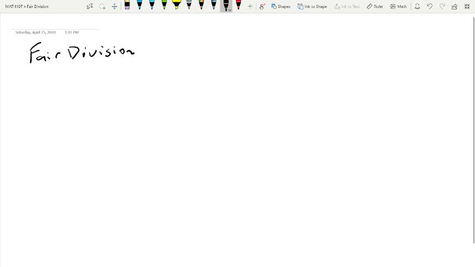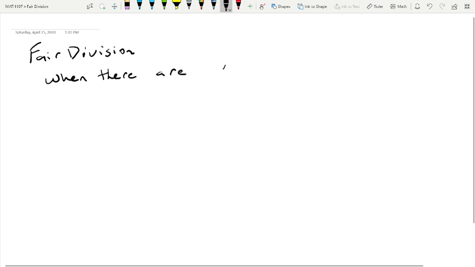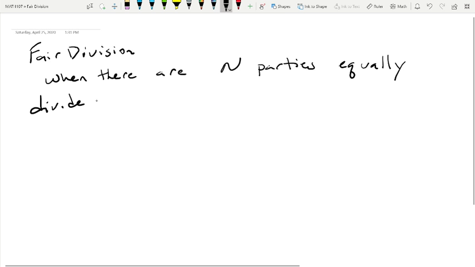So fair division. When there are n parties and you want to equally divide something, the division would be given by 1 over n.